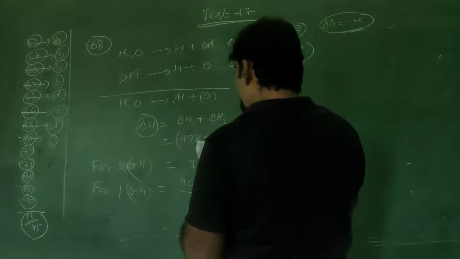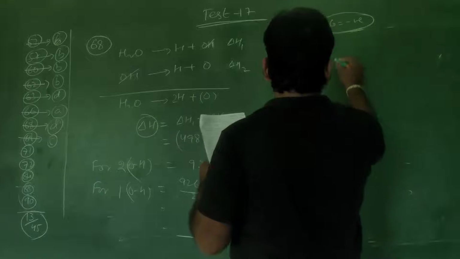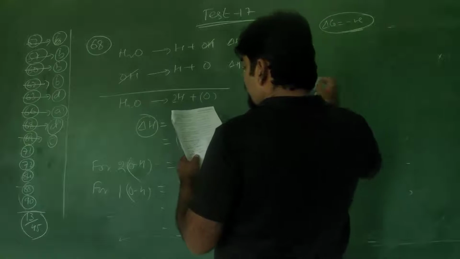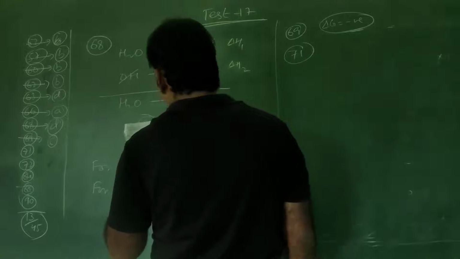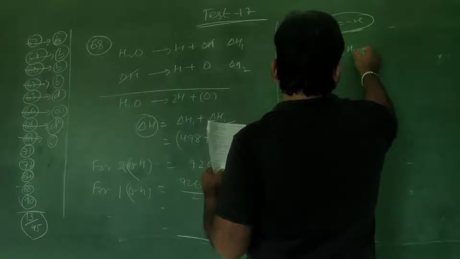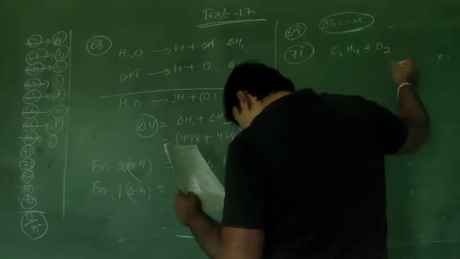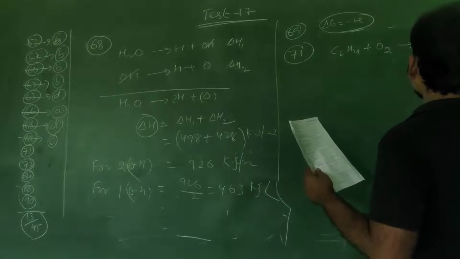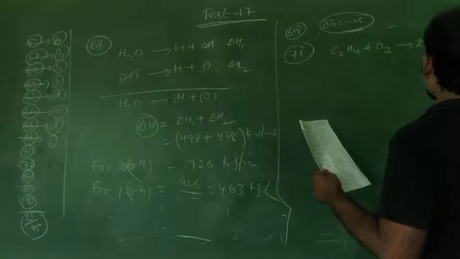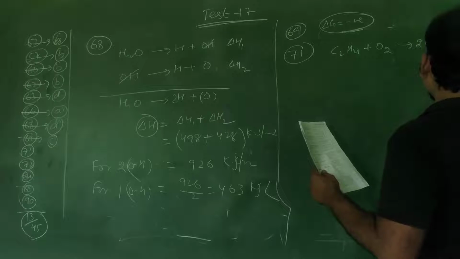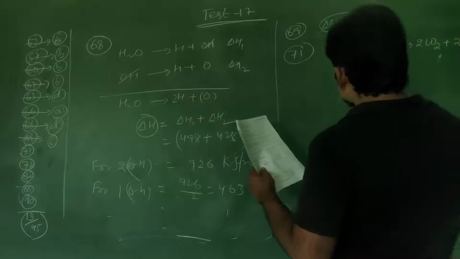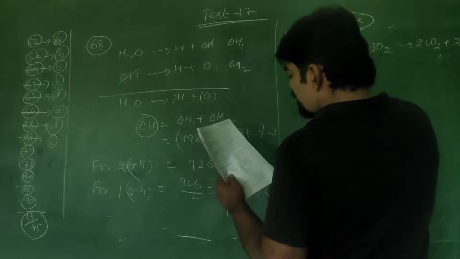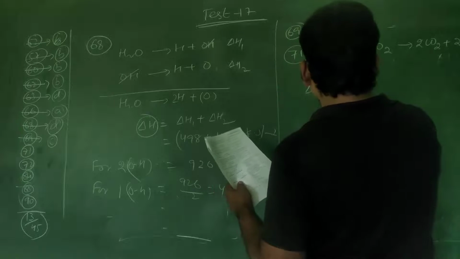Then question number 71. The enthalpy of formation of C2H4, CO2 and H2O are given. Then enthalpy of combustion of C2H4: C2H4 plus 3 O2 gives rise to 2 CO2 plus 2 H2O. For this combustion, we need to calculate the enthalpy of combustion.